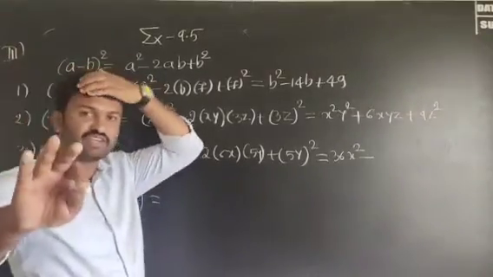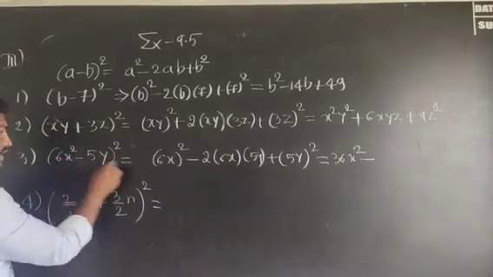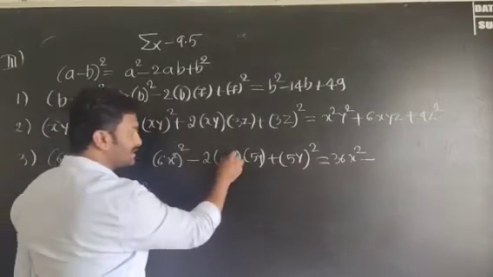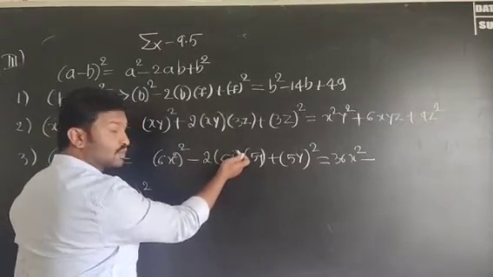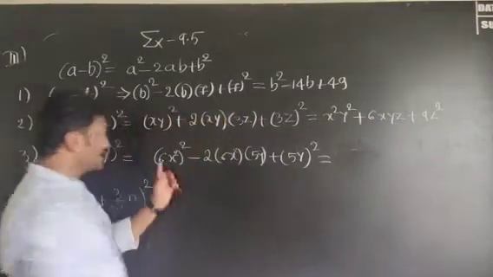Sorry for the inconvenience, here is a small mistake. Here a value is 6x whole square, 6x², right? And this is also 6x², so a value is 6x².